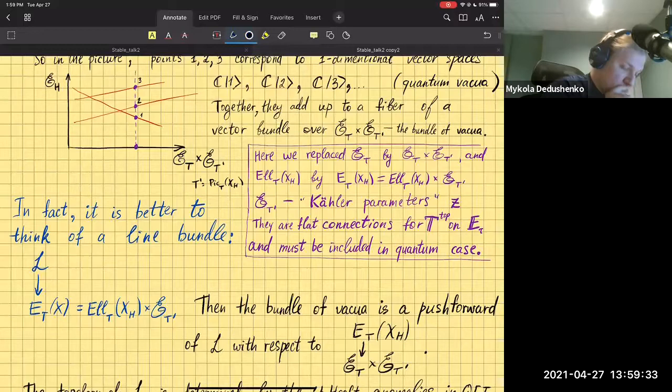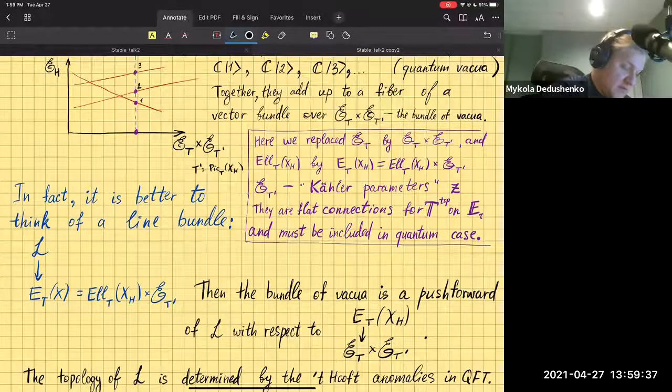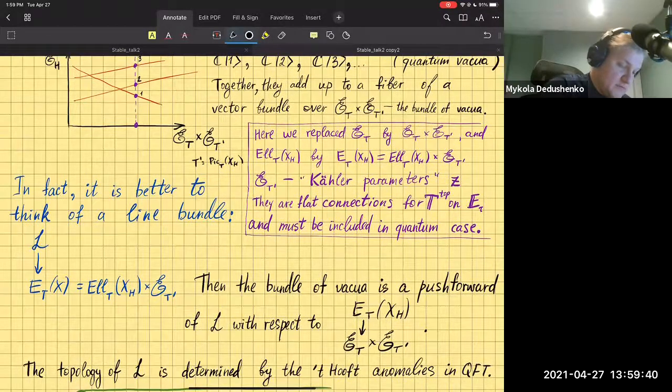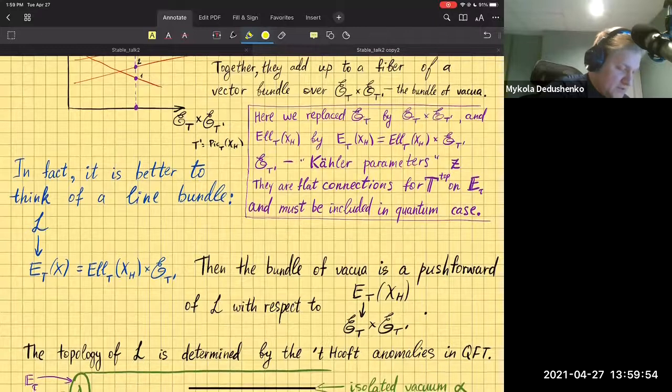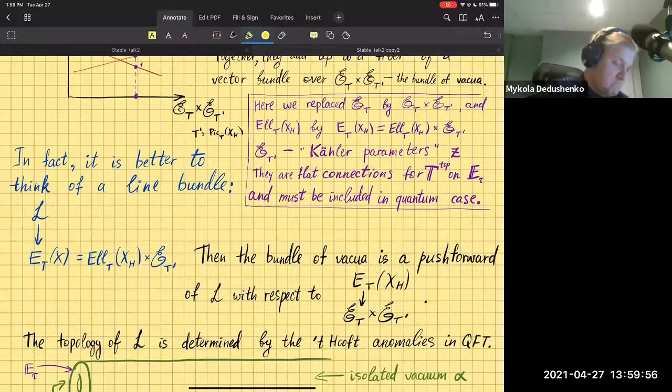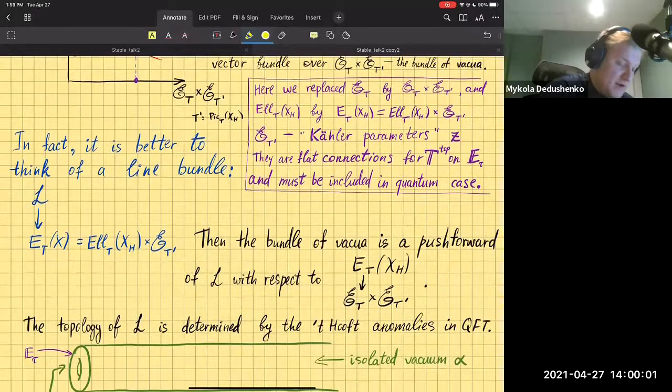And then the bundle of vacua is just a push forward of this line bundle with respect to this map, since we have ET of x as a scheme over this space, we can take a push forward. Now the question is, what is this line bundle? Its topology in quantum field theory is determined by the 't Hooft anomalies.